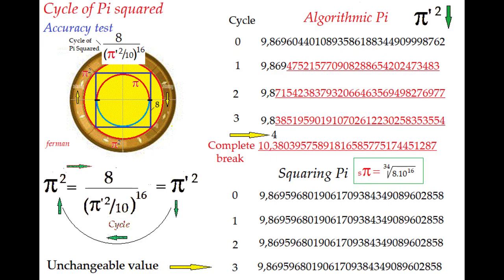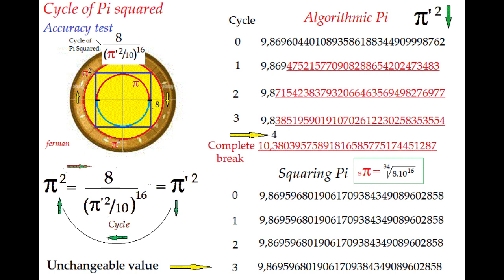Demonstration and testing. As we can see in the drawing, the effectiveness of this pi squared cycle is very high, since although the algorithmic pi currently used is very approximate, when we submit it to the pi squared cycle test, already by the fourth return to the cycle it is destroyed and out of the loop.